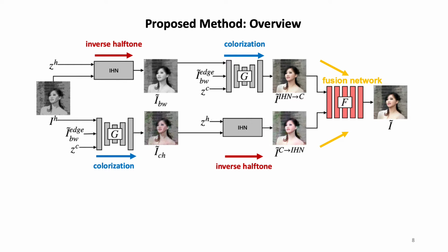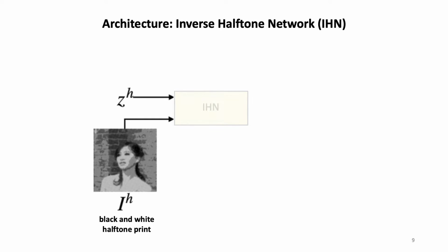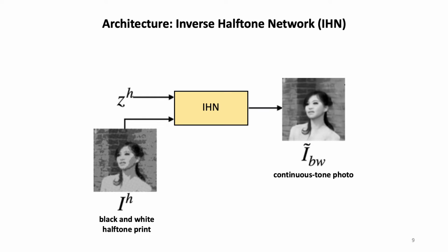We use a fusion network to combine the results of both orders and benefit from their complementary property. In addition to our novel architecture of fusing two paths, we also design several novel objective functions, including similarity loss, histogram loss, and feature-based mode-seeking loss. Let's introduce each module of our architecture.